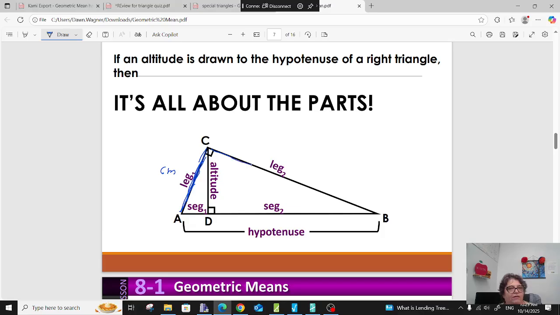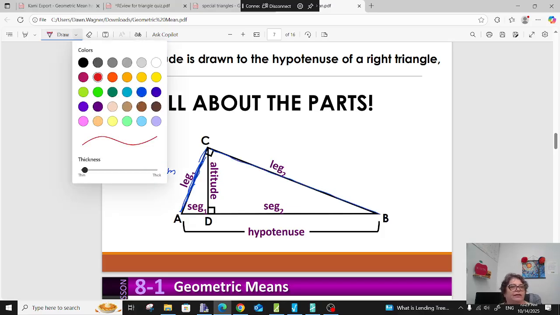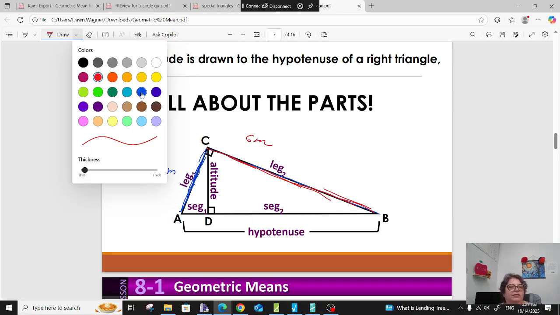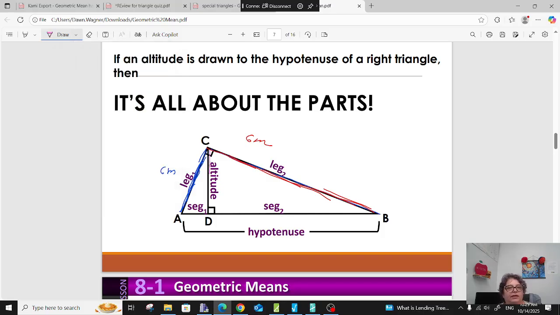This leg over here, I was going to do a different color, red. So this leg over here is also what? A geometric mean. And then the middle one is also a geometric mean, it's a good color, different than the others. This one down here is also a geometric mean.